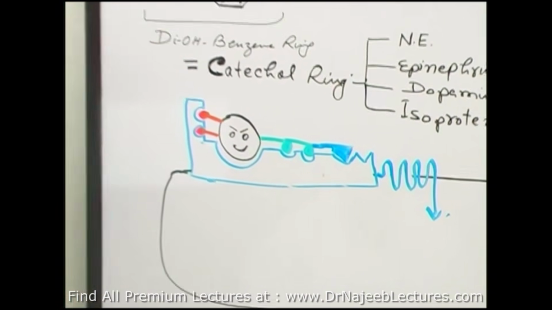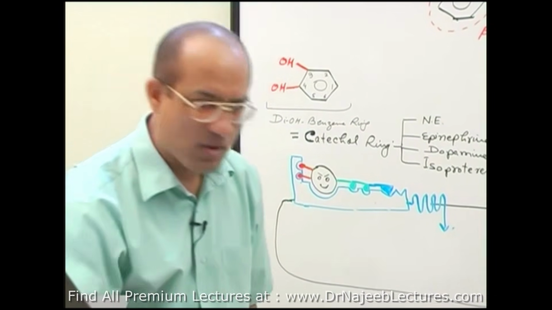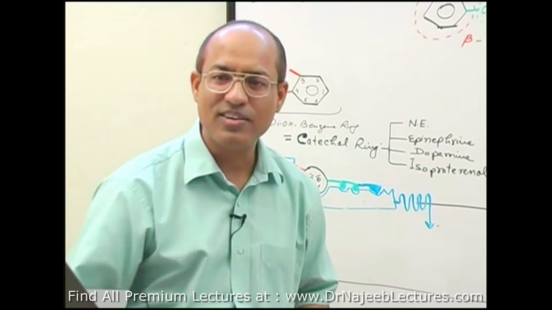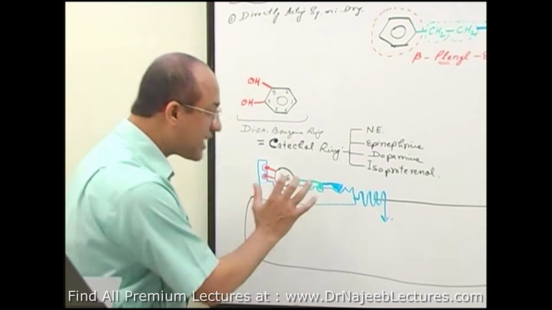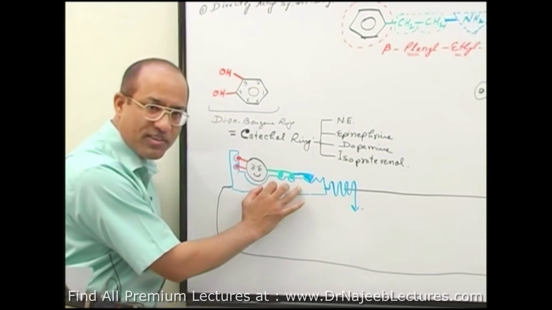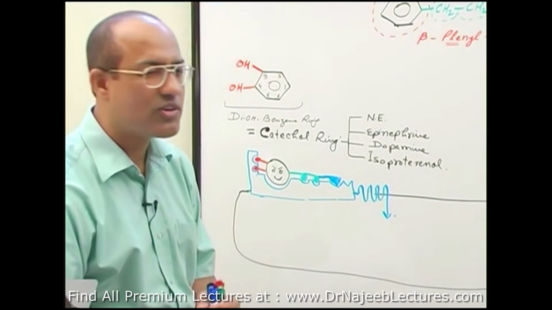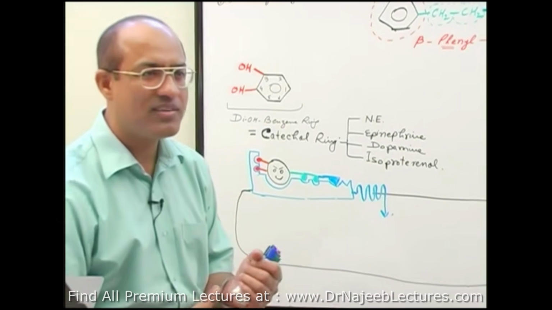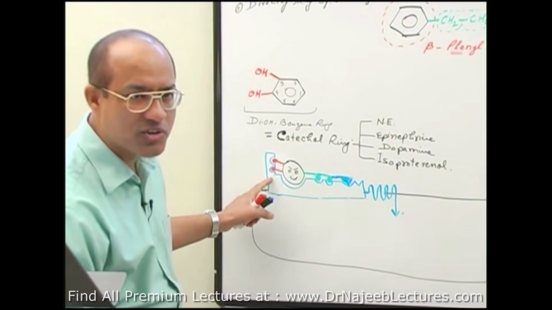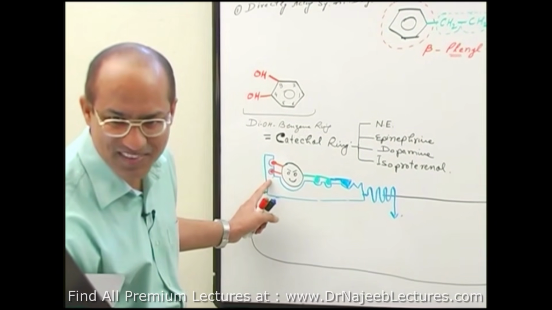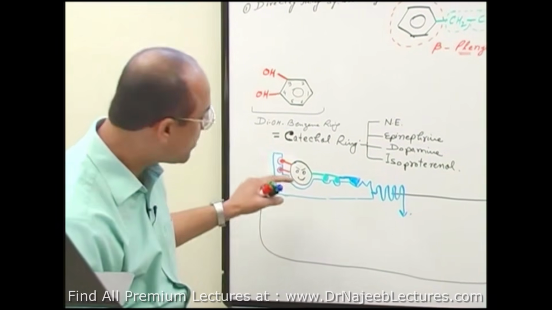We also use another word when drugs strongly bind with the receptor and strongly stimulate the receptor. What is the word used there? We say the drug has high potency. Look, when a drug binds strongly with the receptor, we say there's strong affinity. But when a drug binds the receptor as well as stimulates the receptor, we say the drug is a strong agonist. It means if a drug is strongly binding with the receptor, even in low doses it can produce high action, because even a small amount will bind strongly.